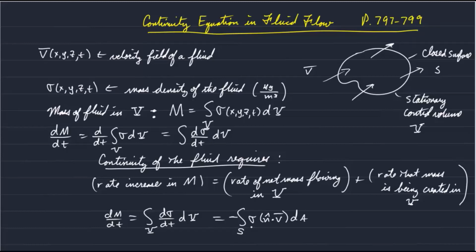So the positive of this integral is the net mass flux out of the volume. The rate of net mass flowing into it is equal to negative this integral. And then, plus, in general, we could have a net source of mass, which we'll call F. It's some rate change in the mass supplied by this source of mass. And so this is the rate of mass created integrated over the volume. So this is a statement of continuity.